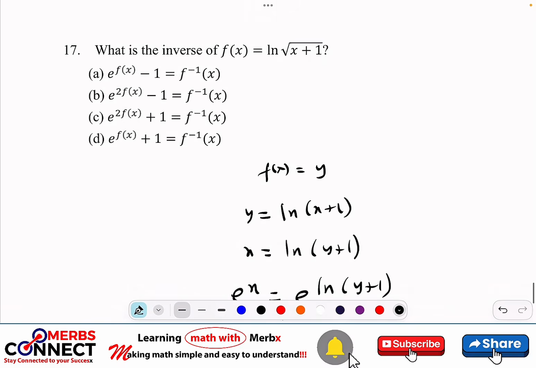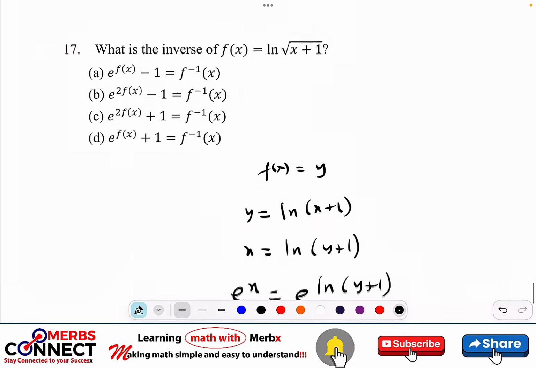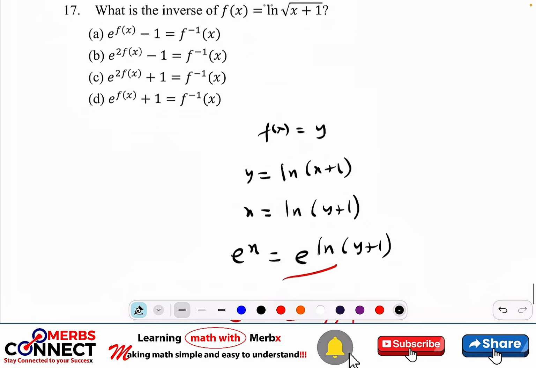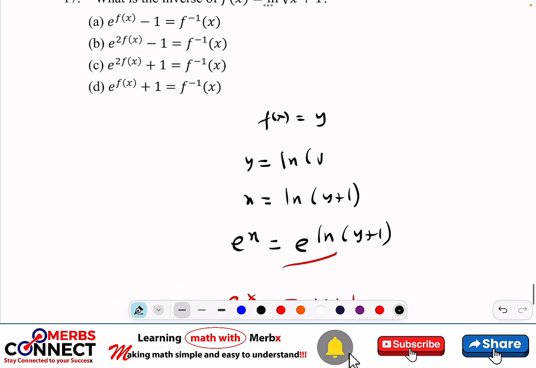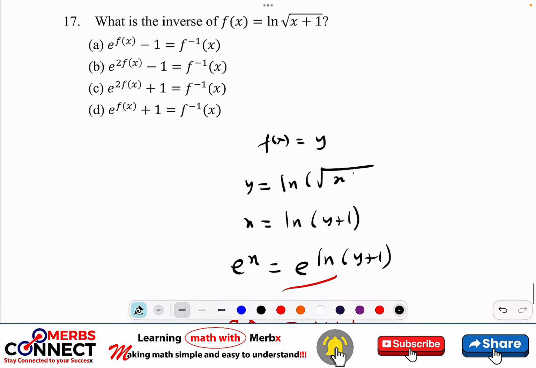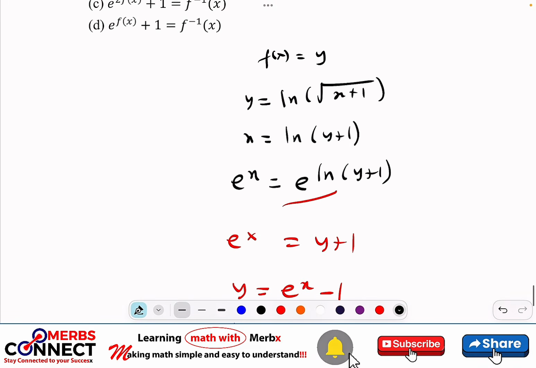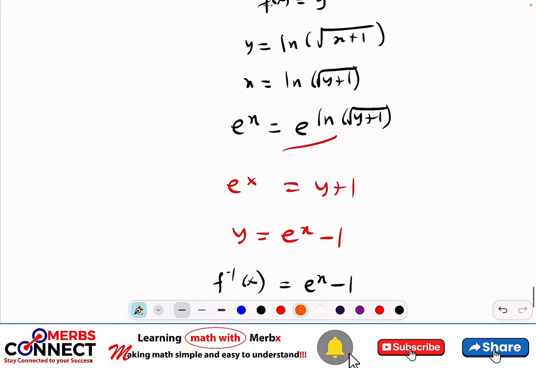Did I do things right? Oh, okay. So I think I made a mistake here. There is a square root. Yeah, there is a square root. Sorry about that. So this one will be square root.